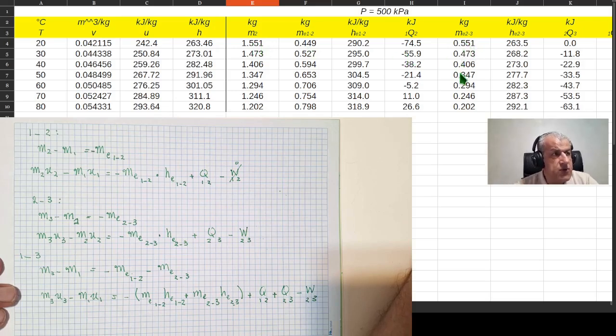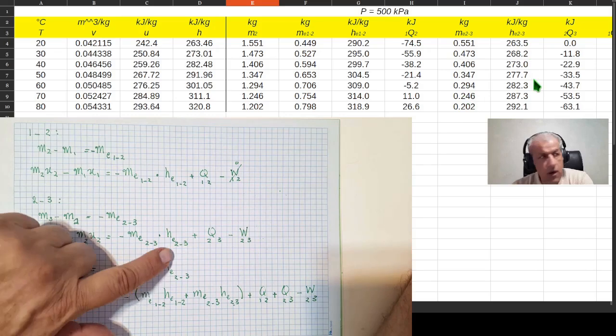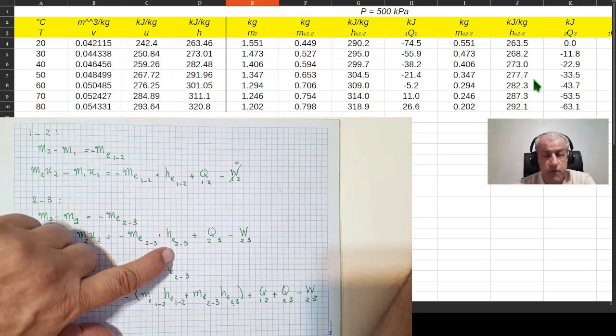The mass leaving between points 2 and 3 is listed here. he23, which we need for this value, is the average between h2 and h3. h3 we knew before, and h2 is in this column.